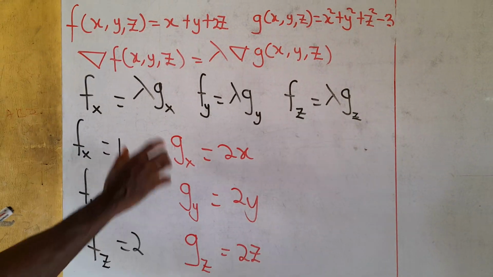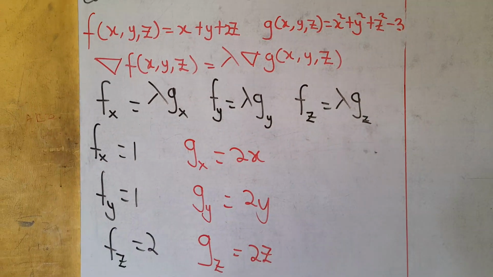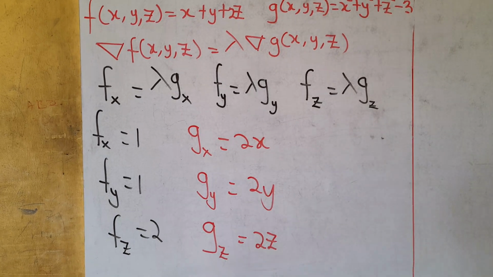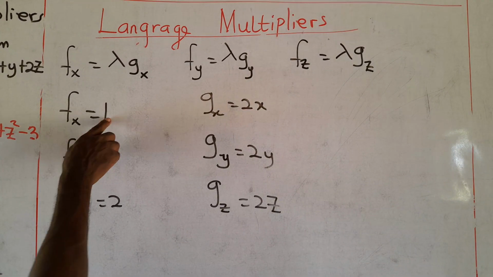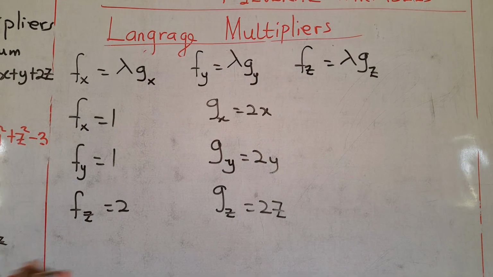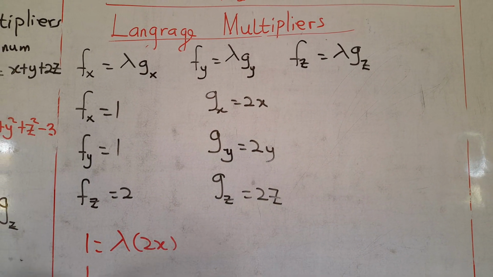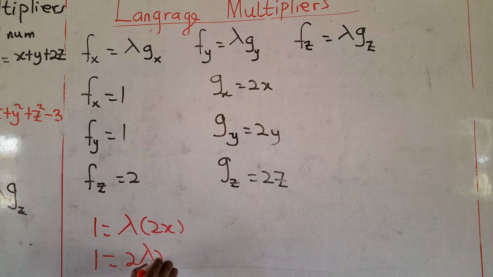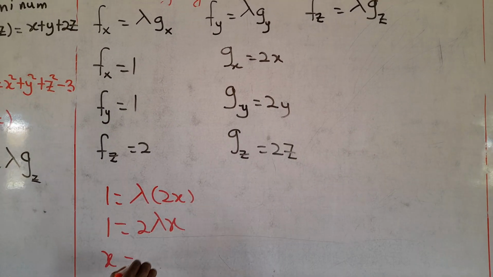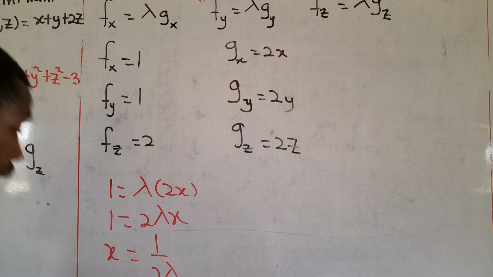Now, since we know that, we just substitute into this equation to find x in terms of lambda. So 1 is equal to lambda times 2x. 1 will be equal to 2 lambda x, or x will be equal to 1 over 2 lambda.